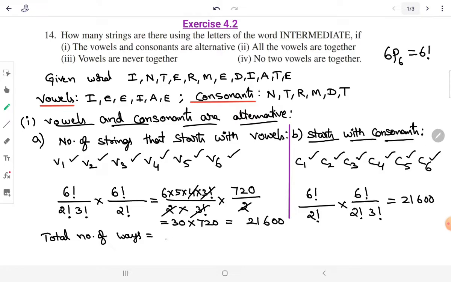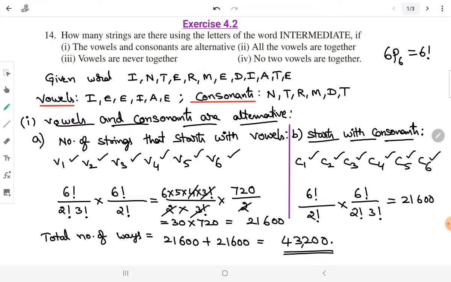So the total number of ways is equal to 21,600 plus 21,600. So if I add, we'll get 2 zeros, 6 plus 6, 2, and then 3, 2 plus 2, 4. So 43,200 is the final answer.